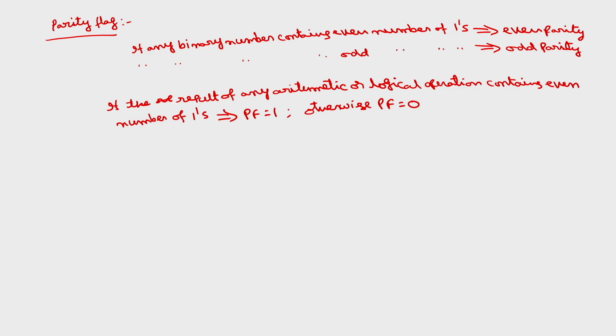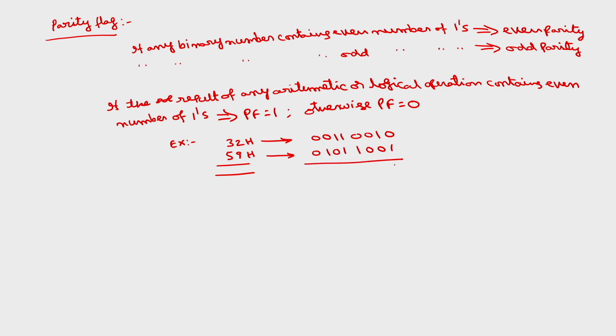If I take an example here, this is regardless of an 8-bit number or a 16-bit number. Suppose I want to add 32H plus 59H. So 32 will be 0011 0010, and 59 will be 0101 1001.